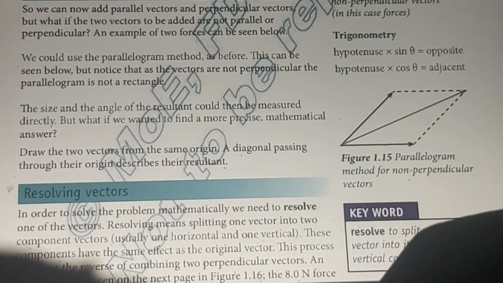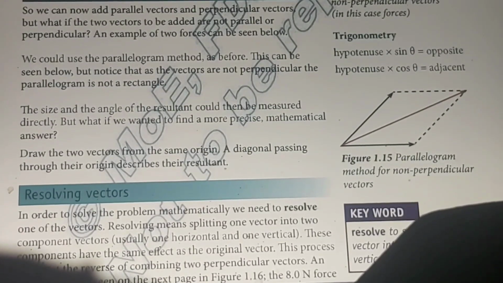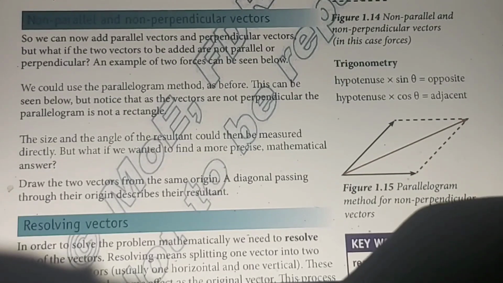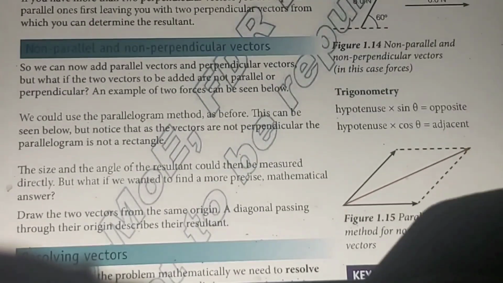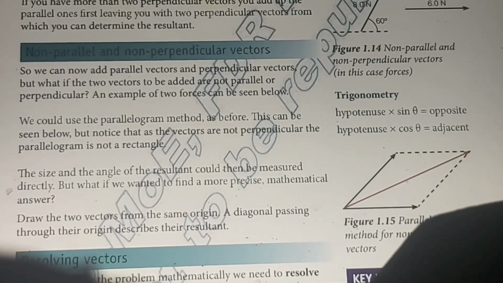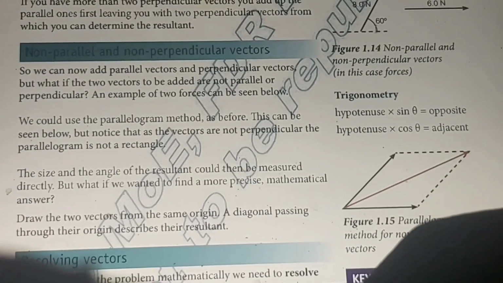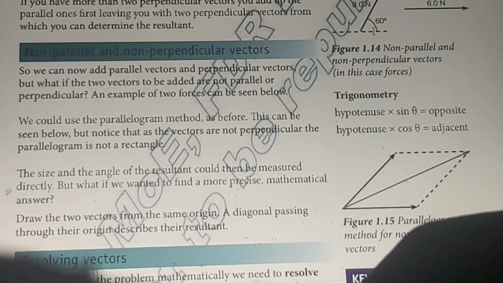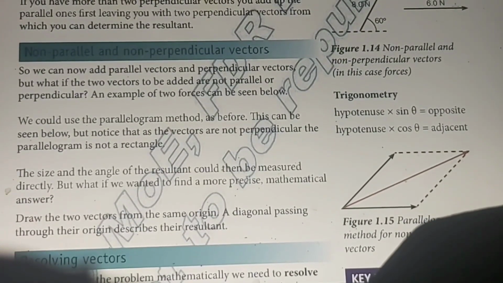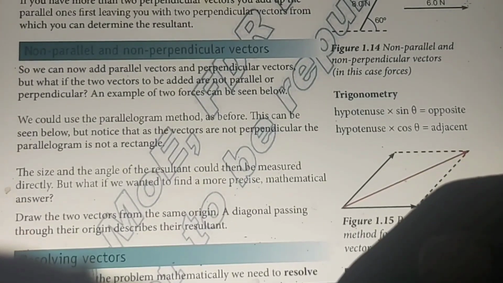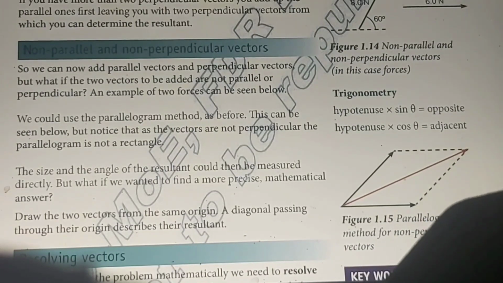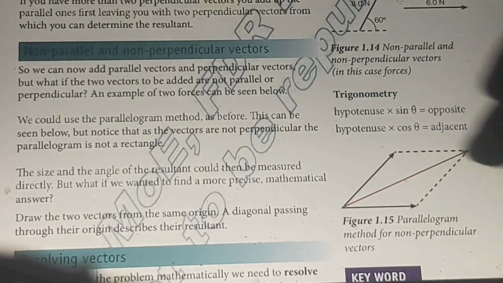By resolving, for example, these two vectors are non-parallel and non-perpendicular. 8 Newton at 60 degrees to the horizontal, and this is 6 Newton to the right.